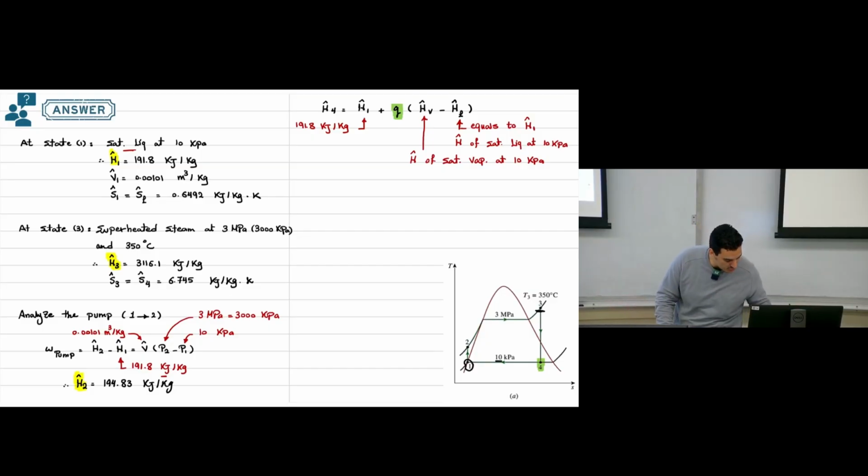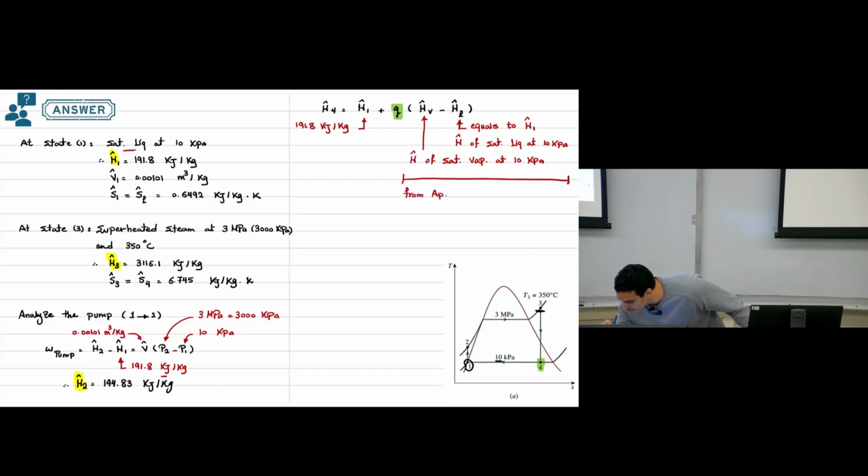Also in the appendix, you can find this value directly here, HV minus H liquid. So enthalpy of vapor minus enthalpy of liquid is the enthalpy change due to phase change, right? Which is latent heat.